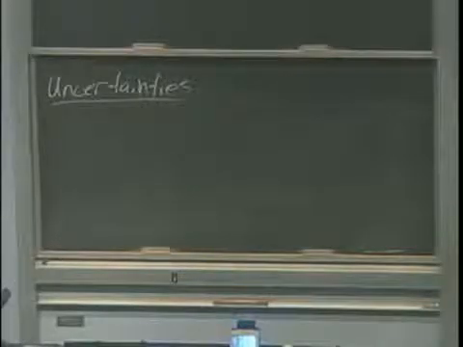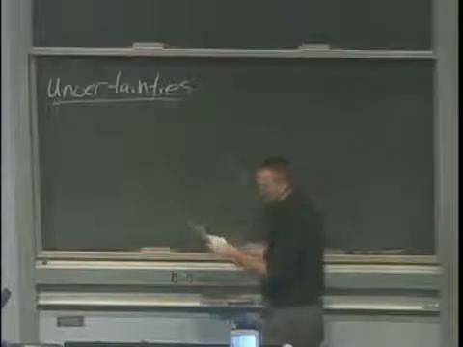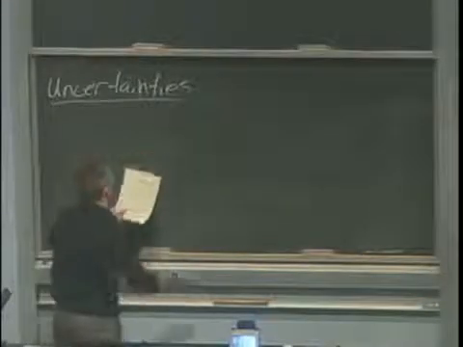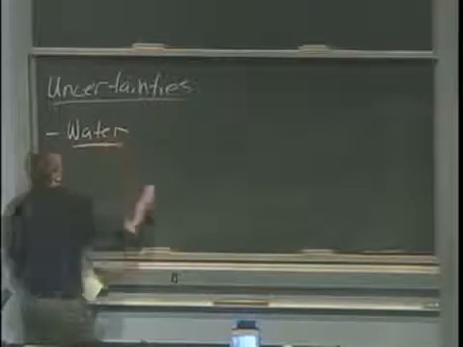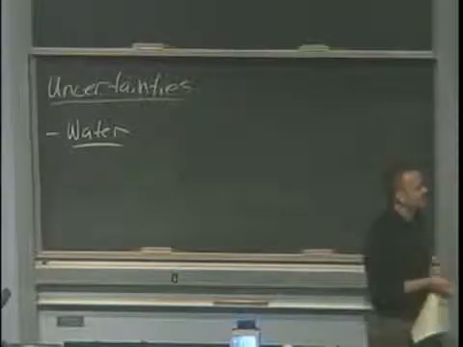So I want to let you guys know what the major uncertainties are in terms of the greenhouse effect and global warming, and maybe how they relate to these other ones. So the biggest one is the effect of water in all of this.